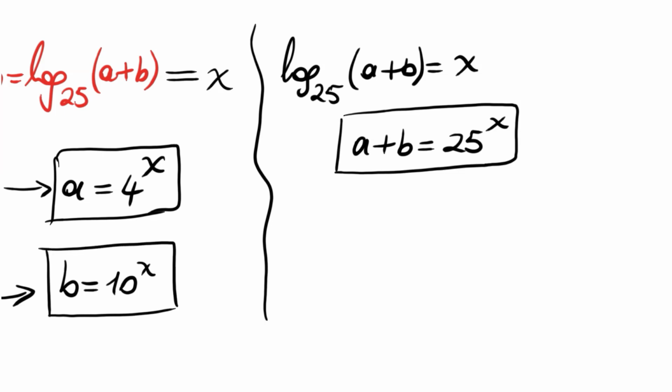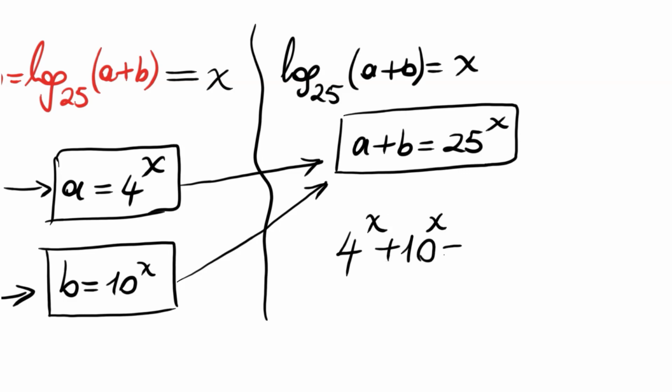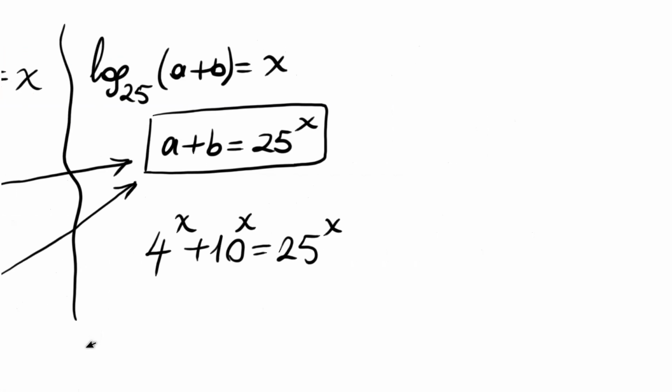So just plugging these into our equation, we will have a famous equation: 4 to the power of x plus 10 to the power of x is equal to 25 to the power of x. I guess you are familiar with such equations.